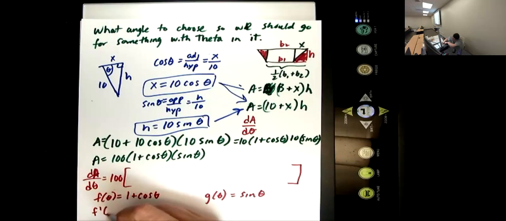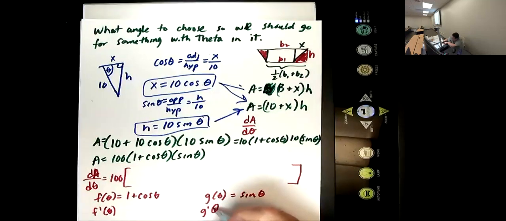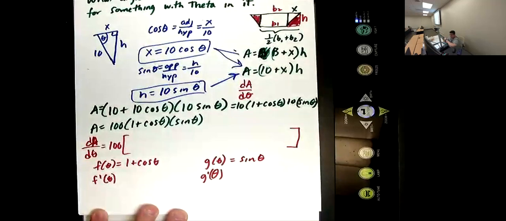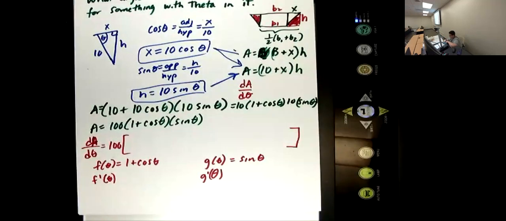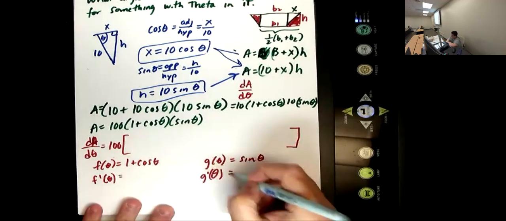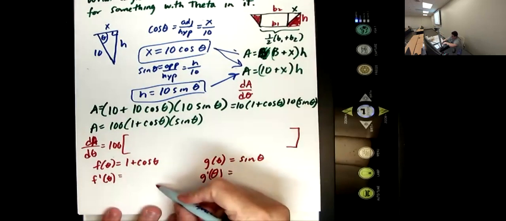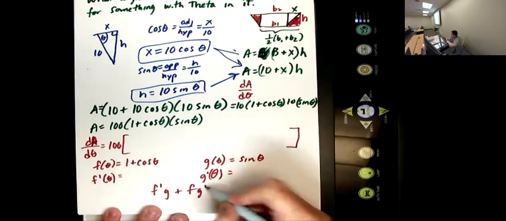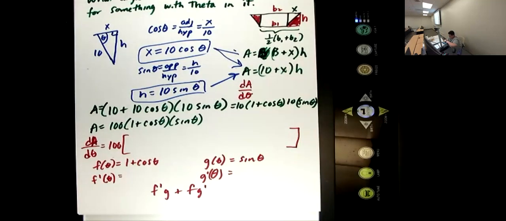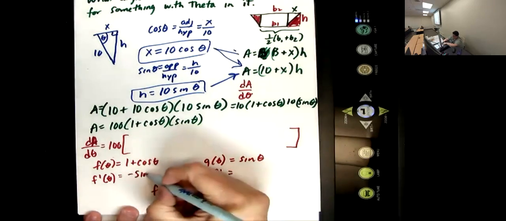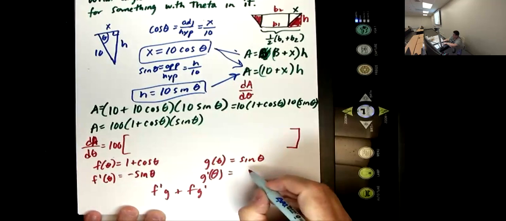And we need f prime of theta and g prime of theta, because we want to plug in f prime g plus fg prime. So what's the derivative of f? Negative sine. Excellent. What about g? Cosine.